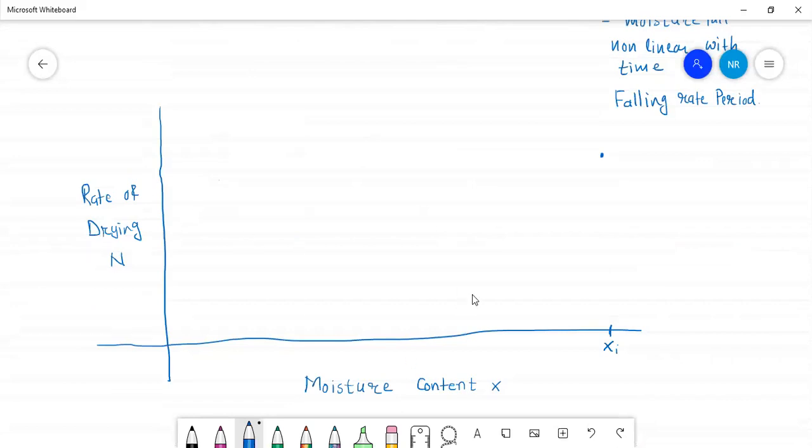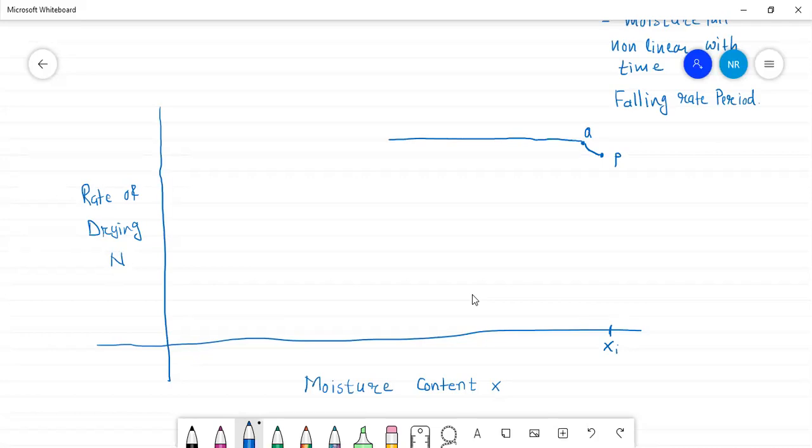In the first section, initially they try to achieve the rate of drying. So this is the period we call P, and we have to say Q. Then the constant rate period will occur.